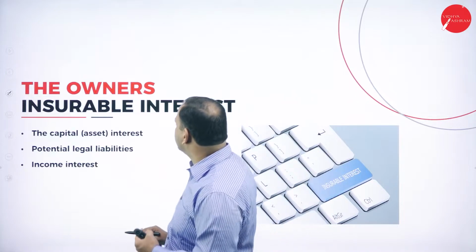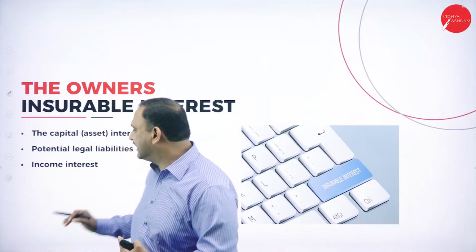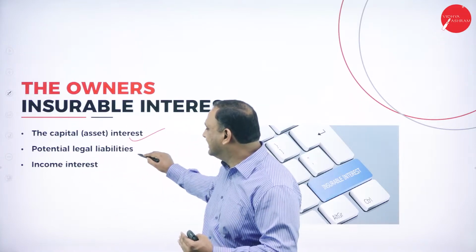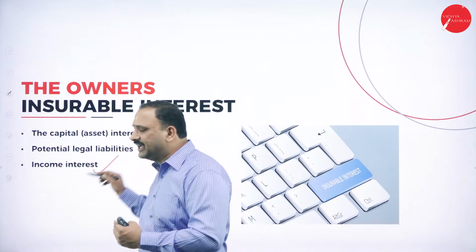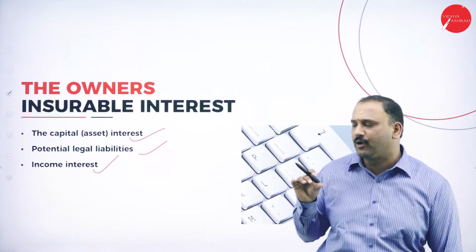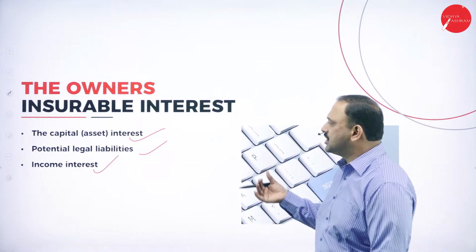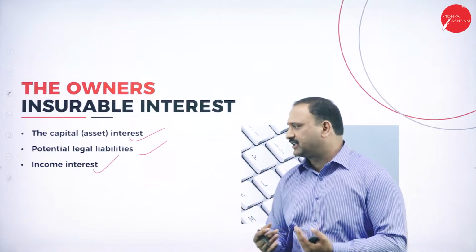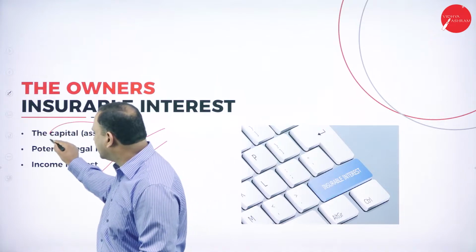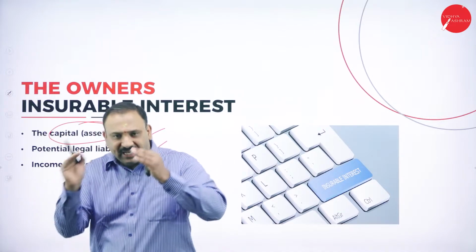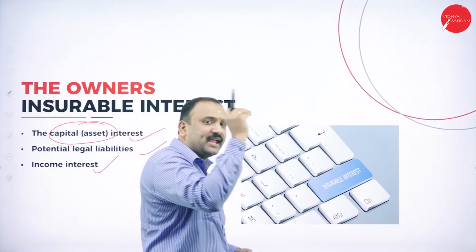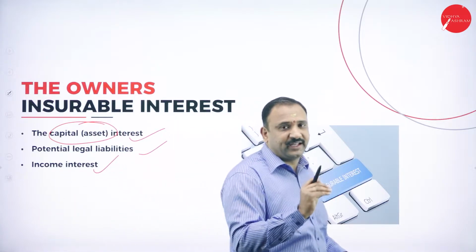The owner's insurable interest, that is the capital asset interest, potential legal liabilities, and income interest. All these three things are very important. Why? Because the capital asset, that is the ship itself and the investment made into it, is very important here.